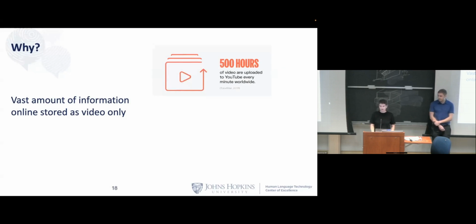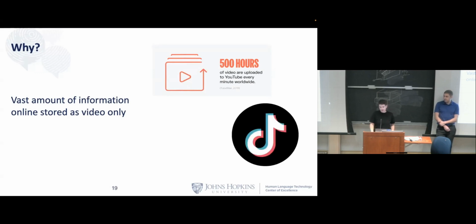Back in 2019, so this is an old statistic, 500 hours of videos were being uploaded to YouTube every single minute. And we're entering a phase of social media where a lot of the content is purely video focused as opposed to text centric. You have entire platforms where the primary form of information is in video.